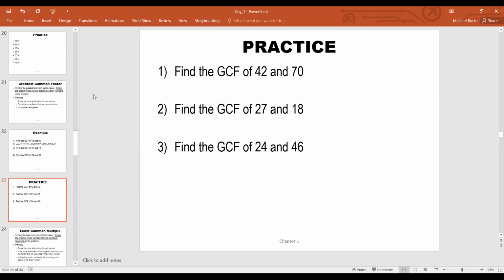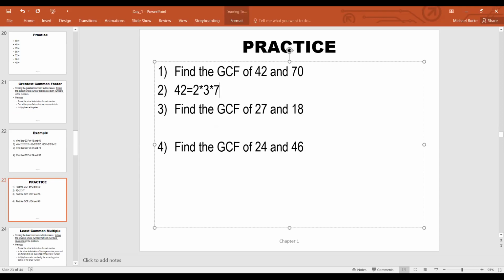Okay. So we'll do one more of these here. Greatest common factor of 42 and 70. So 42 is equal to 2, and then 21 is the next one, times 3 times 7.